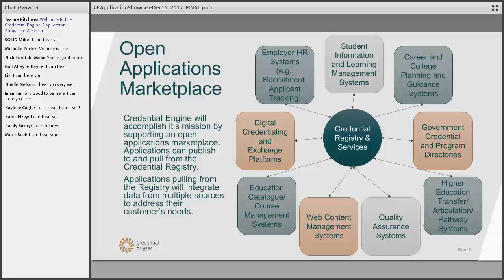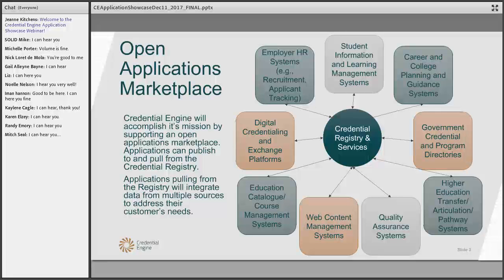So there are many types of systems and applications that benefit from credentialing information. And what we would like to do through the Credential Engine technologies is ensure that these systems and applications can pull information in from the Credential Registry or push information into the Credential Registry as well.